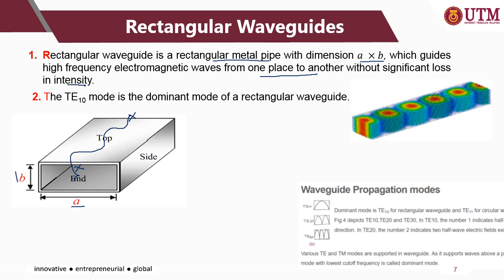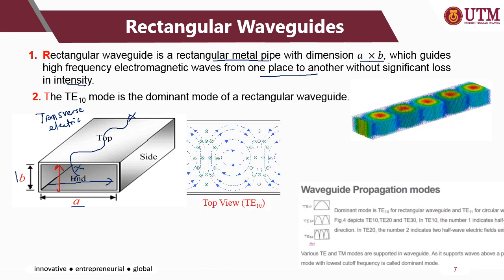TE means transverse electric, in which the electric field is transverse to the direction of propagation. So in this case, the electric field is perpendicular to the propagation direction of the structure, the broadside of the structure.